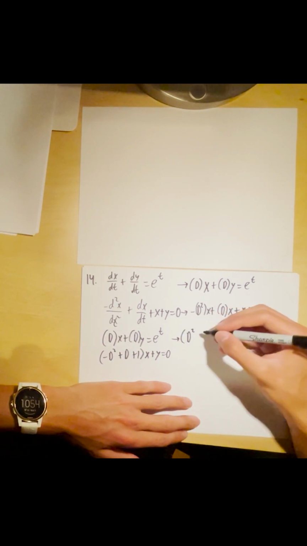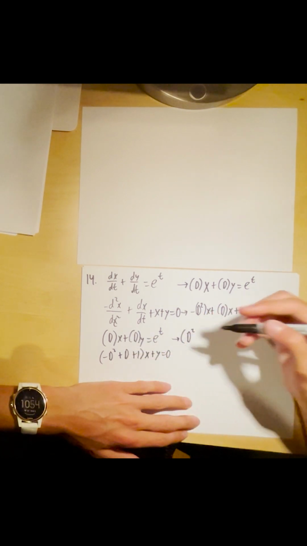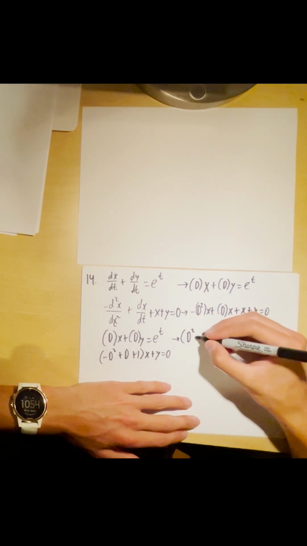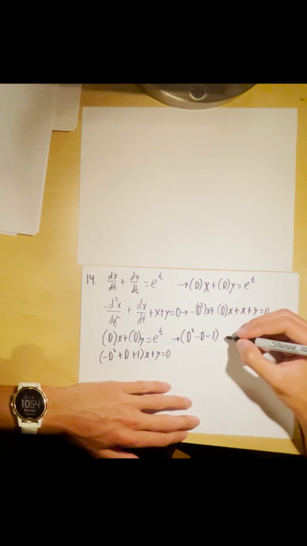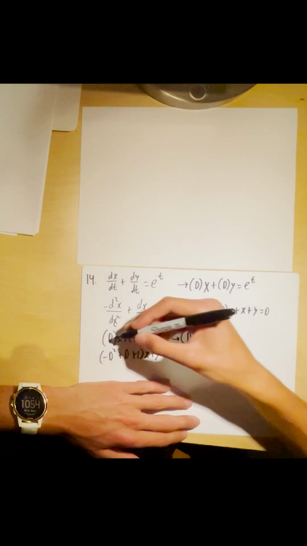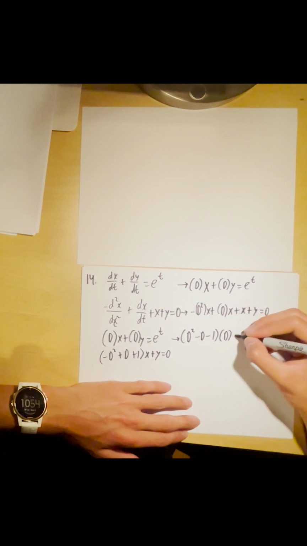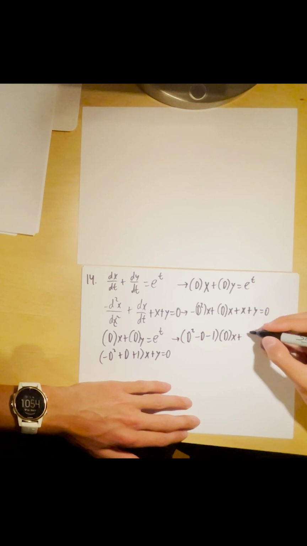So we get D squared minus D minus 1, because negative D squared times negative 1 is D squared. And we still have this D in front of the x. And then we do the same thing for y, and also for e to the t.